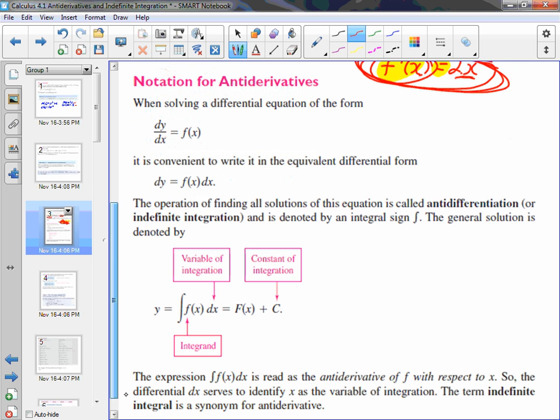All right, so different notations. When solving the equation of the form dy dx equals f of x, even that's confusing. Derivative on the left, an expression with x's on the right. It has a convenient equivalent differential form. You ever seen that before?